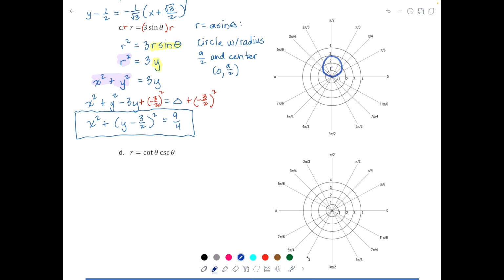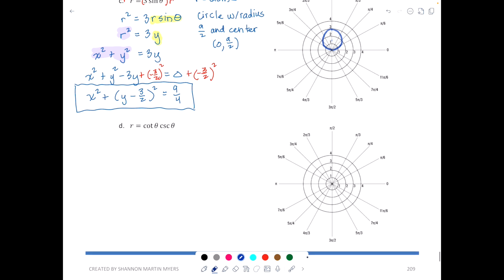Groovy? Okay, so now when you've got something like part D, it can be really useful to just switch everything in terms of sine and cosine. So let's start with that. We have r is equal to cosine theta over sine theta, converting the cotangent, times 1 over sine theta.